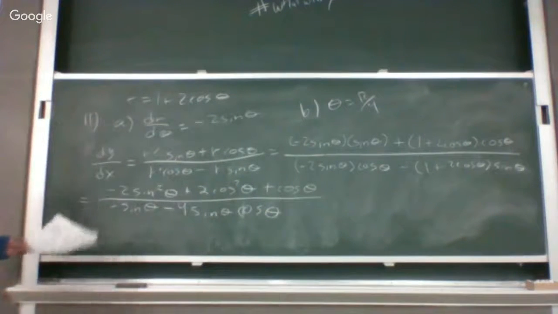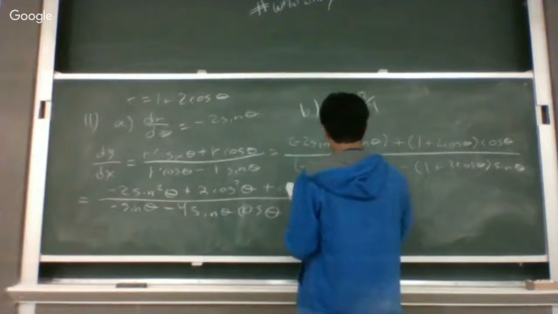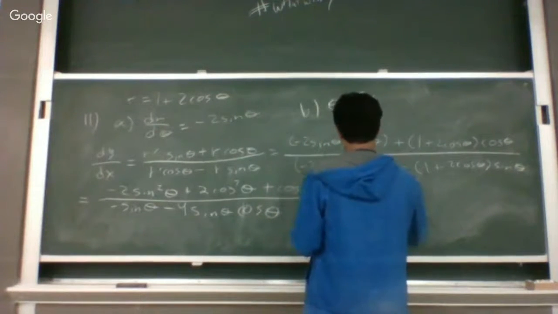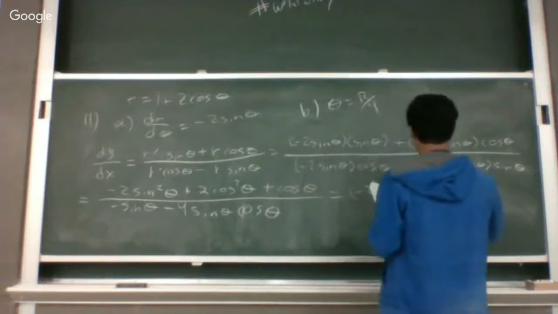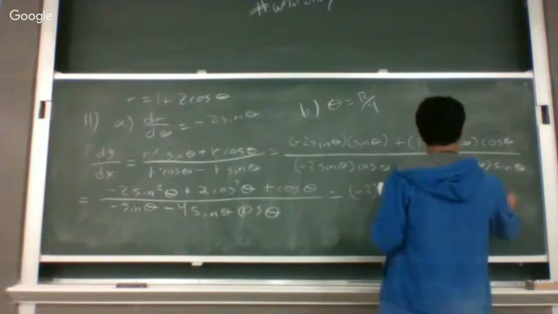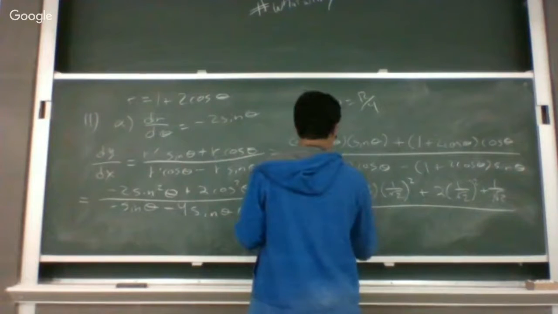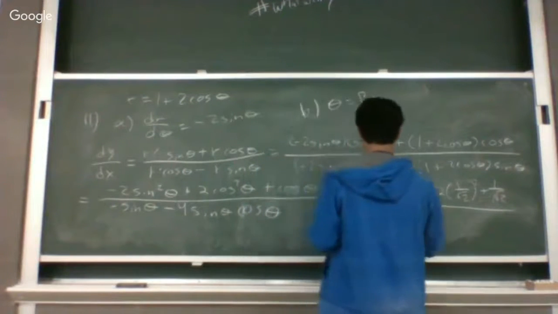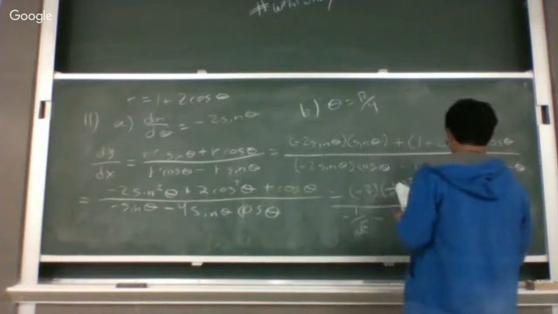So then we get negative 2 times (1 over square root of 2) squared plus 2 times (1 over square root of 2) squared plus 1 over square root of 2 divided by negative 1 over square root of 2 minus 4 times 1 over square root of 2 times 1 over square root of 2.